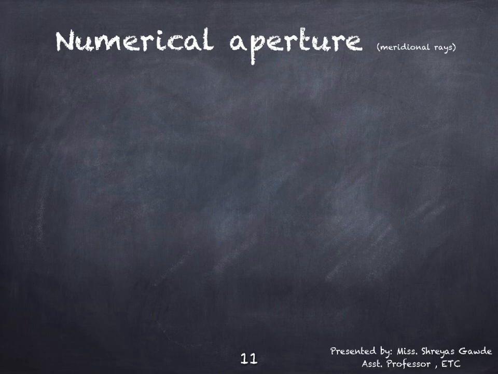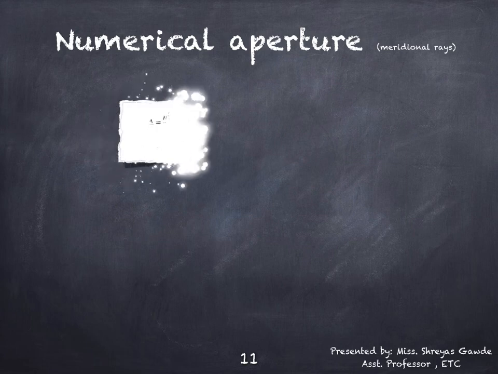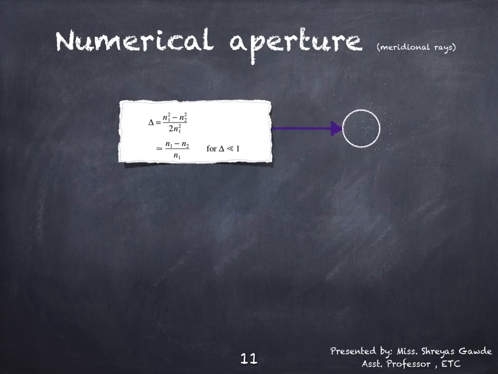Numerical aperture may also be given in terms of relative refractive index difference, that is delta, between the core and the cladding, which is defined as delta is equal to n1 square minus n2 square the whole divided by 2 into n1 square, which is almost equal to n1 minus n2 by n1.